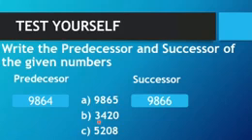Now, let's see the predecessor of this. You will have to tell me. 3,420. So what comes before 3,420? 3,419. Yes, very good.